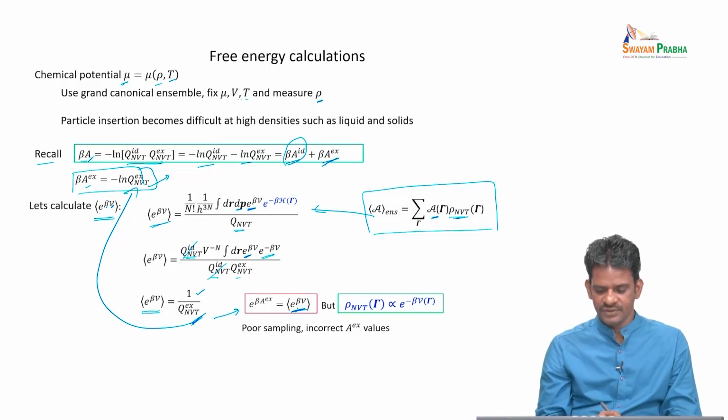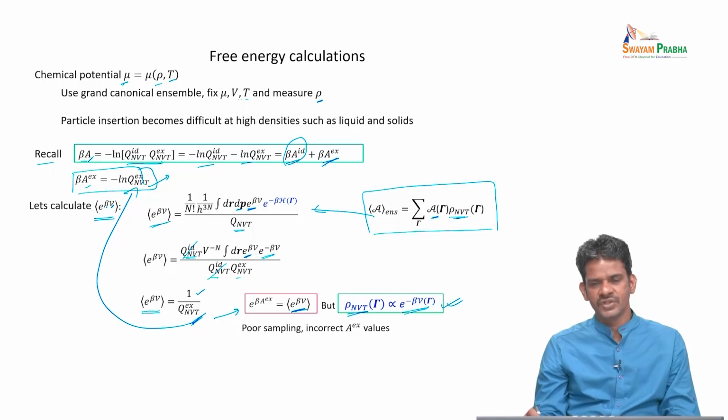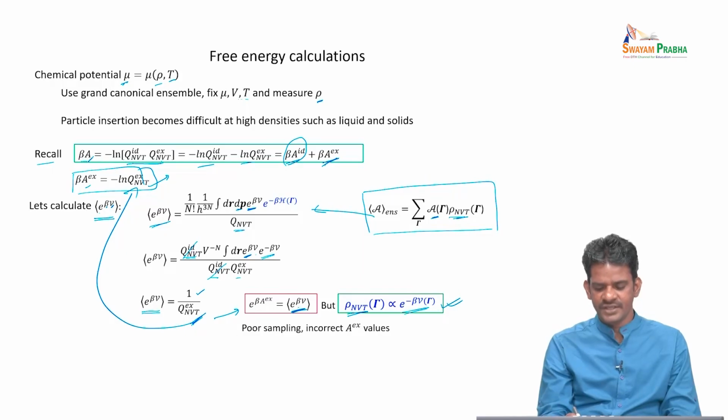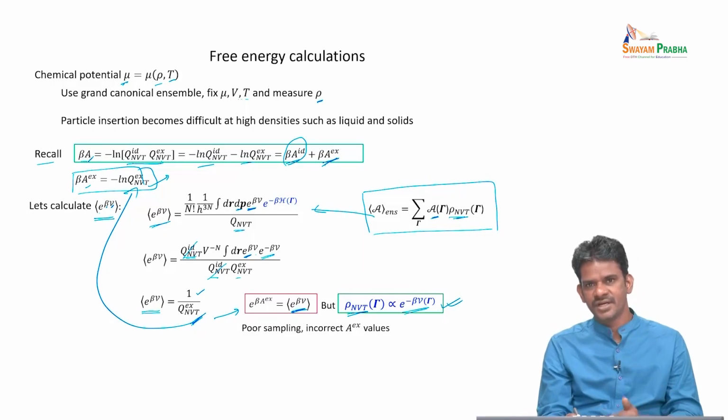Now, the problem with this approach is that if you look at the distribution function of the canonical ensemble, we already noted that it is proportional to the exponential of minus beta V. So, this distribution says that microstates with low energies are more likely to be visited than high energy states, whereas in this ensemble average, the higher energy states are more valuable and more important.